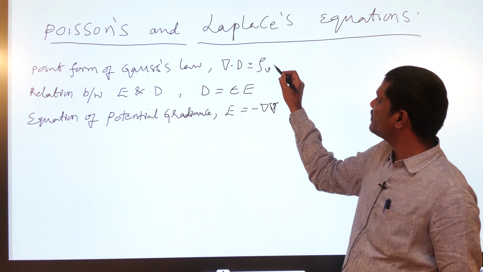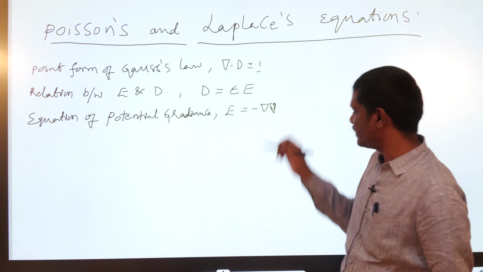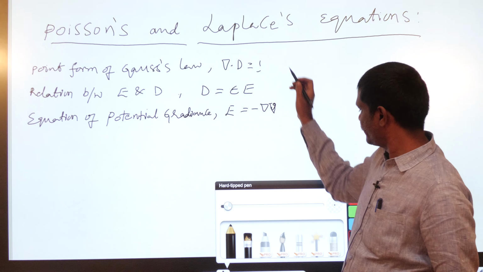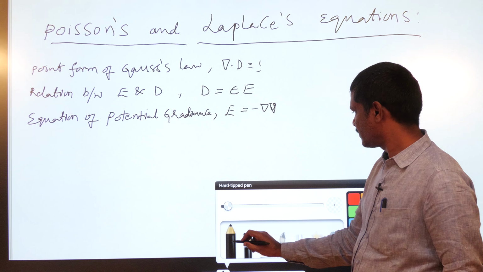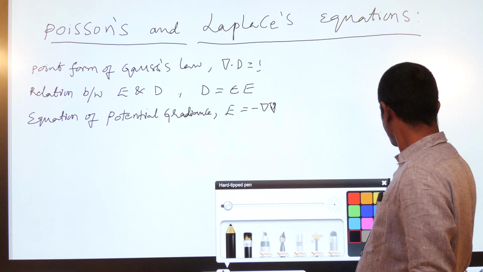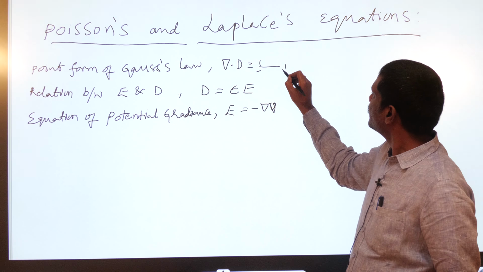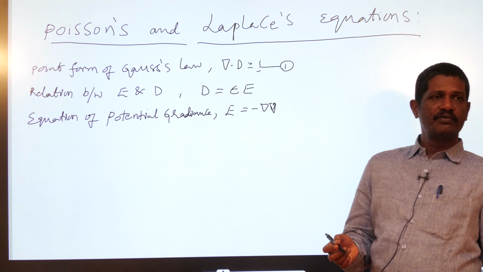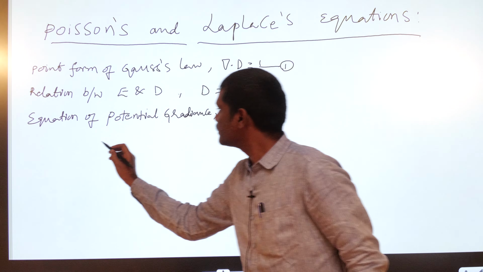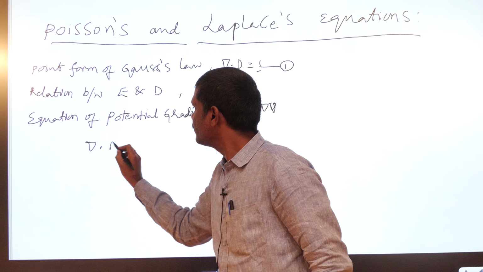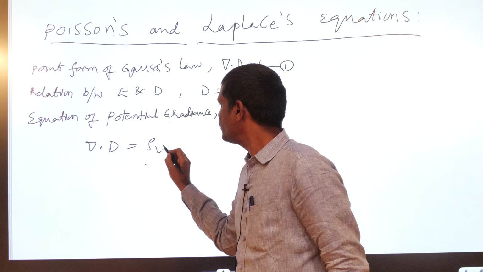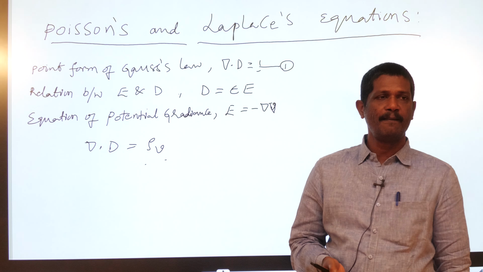Let me take the first equation, equation 1, which is del dot D equal to rho V, which is our point form of Gauss law.